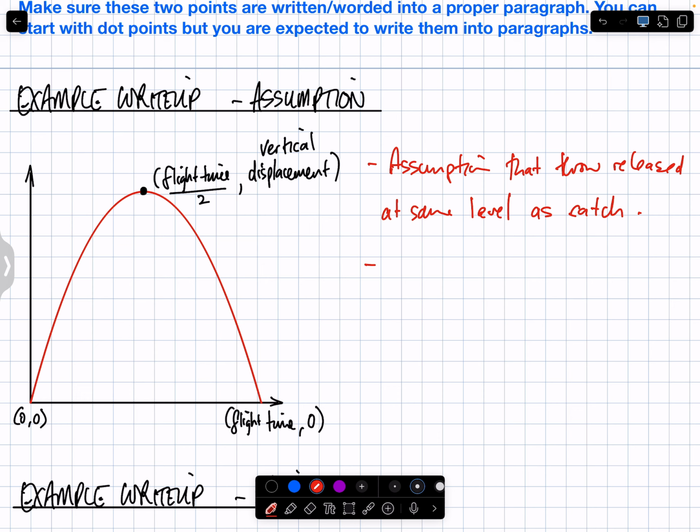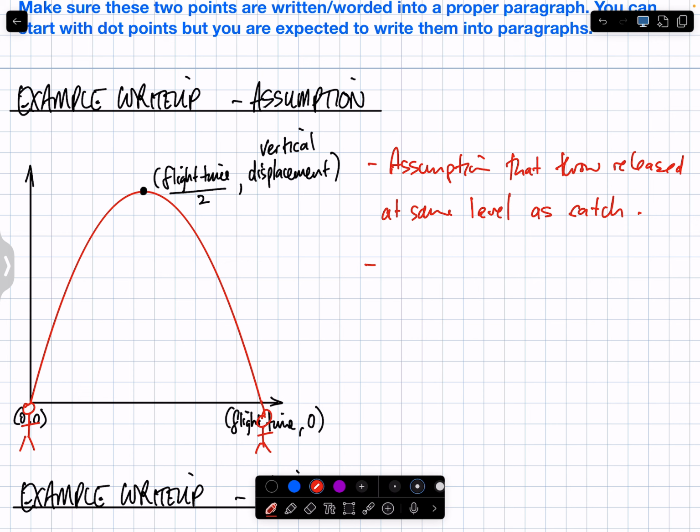How would that affect our results? You tell me. If you can't think of that, what if we showed this? What if I drew the person here a certain height and then let's say the person that caught it was shorter? If it was caught lower than when it was released, what does that do to the flight time?